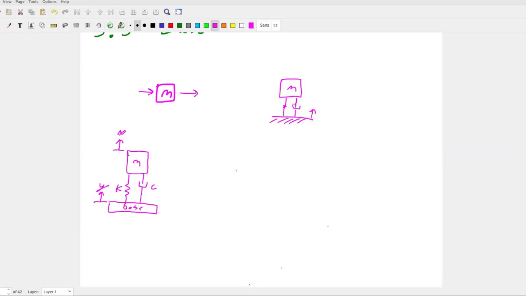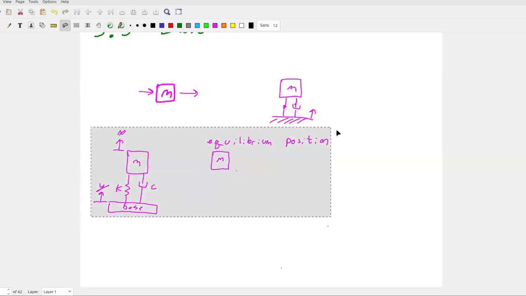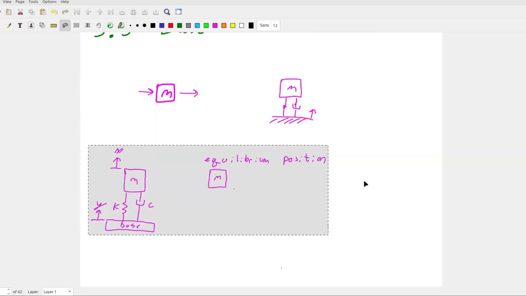Now, I have an equilibrium position for this. And if I have a mass, I'm going to move this down a bit.